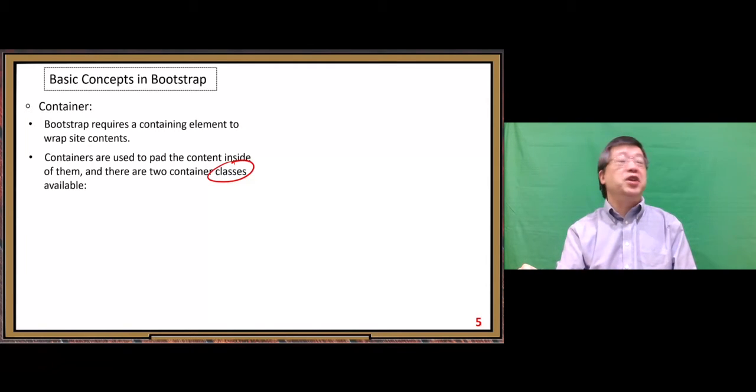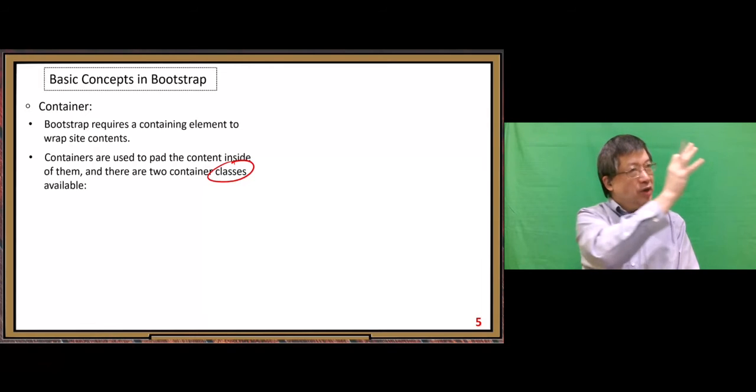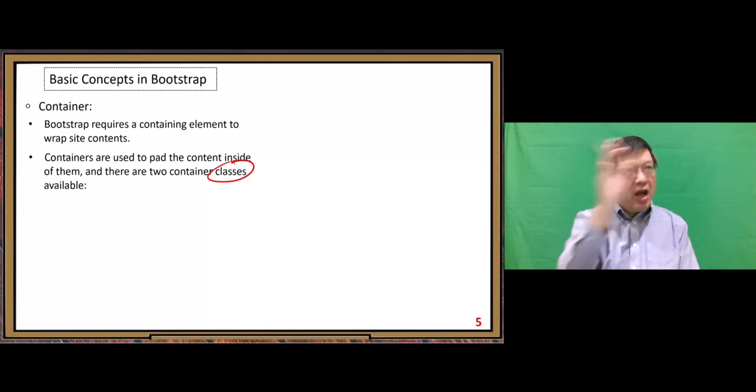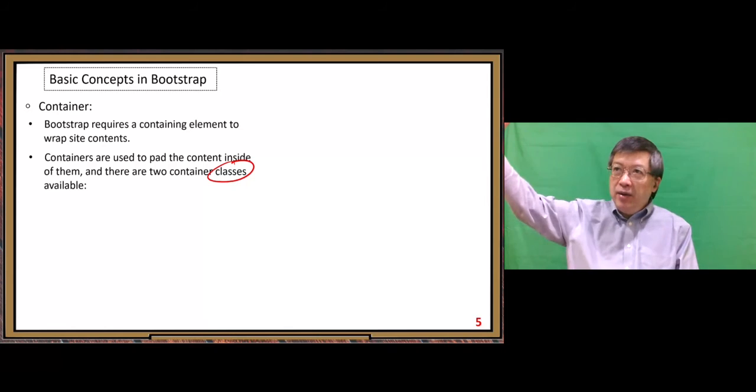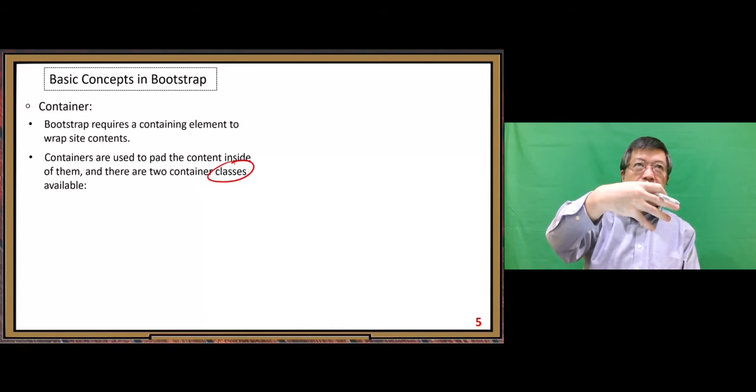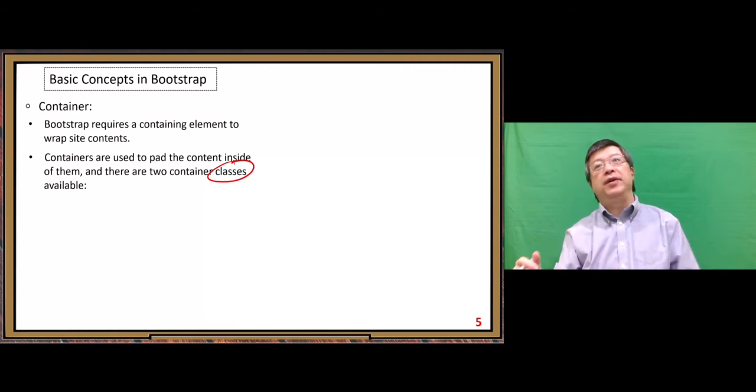What's the meaning of a CSS class? We know that background. So at this point, we can understand that Bootstrap uses the regular CSS class way to add more new features in our page design.